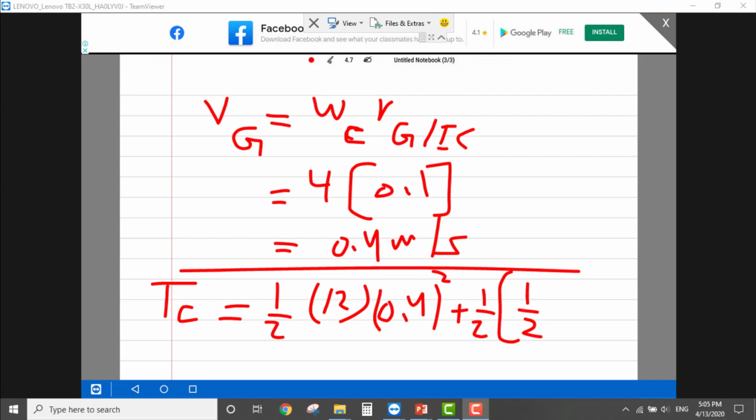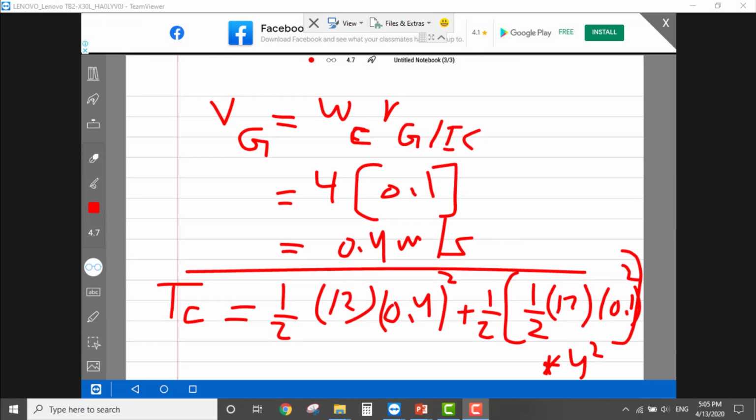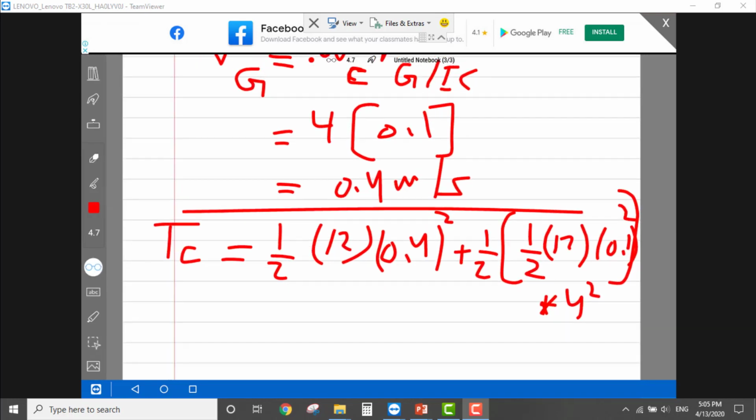Mass is 12, and the radius squared is 0.1 squared, multiplied by omega, which is 4 squared.